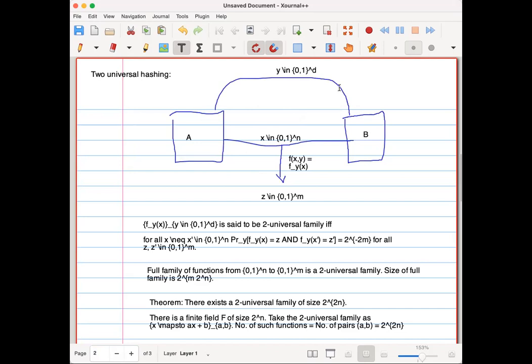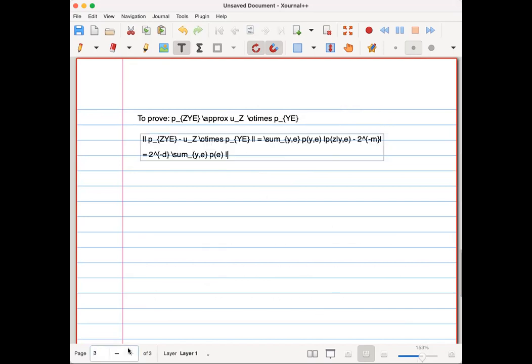It's independent of X, it's independent of E. So really P of Y, E is a product distribution: probability of Y times probability of E. Probability of Y is 2 to the power minus 2n.